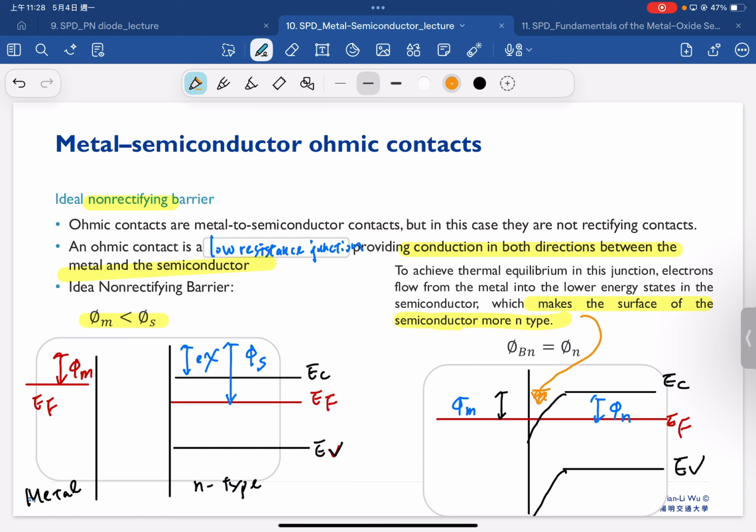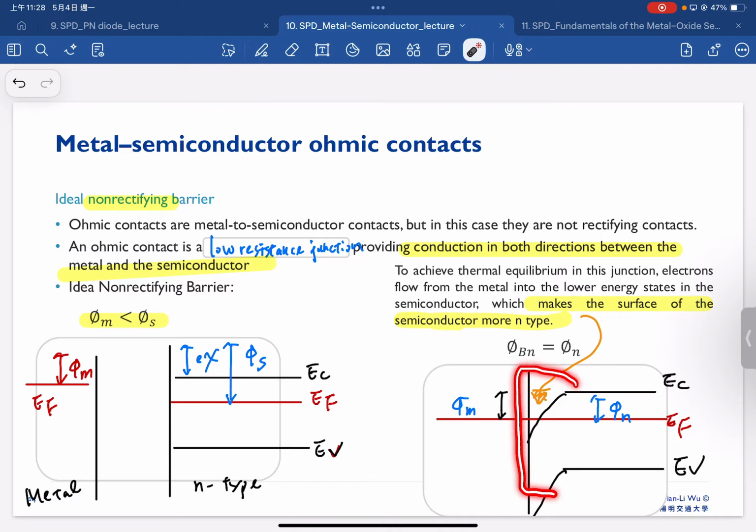That's kind of like degenerate. This means that we have very heavily n-type here. So this region becomes more n-type because now our Fermi energy is pretty close to EC, even above the EC.